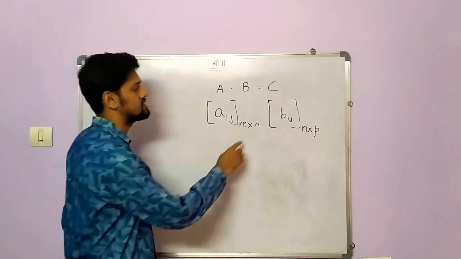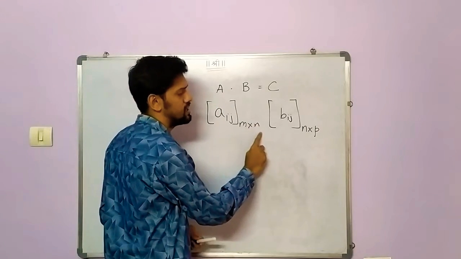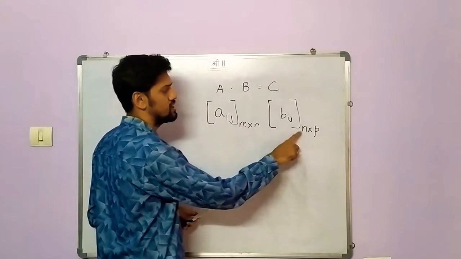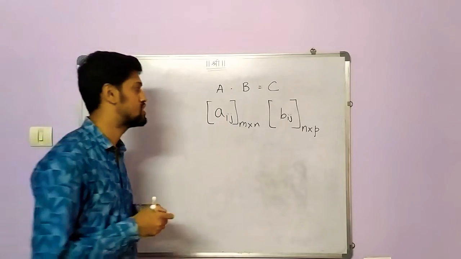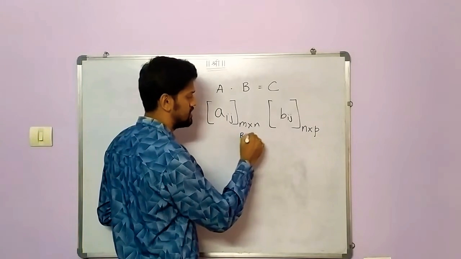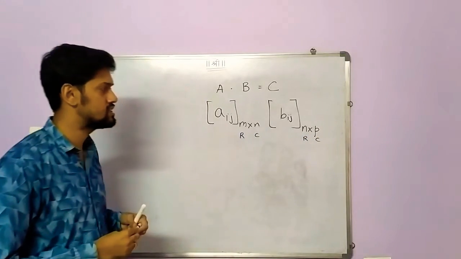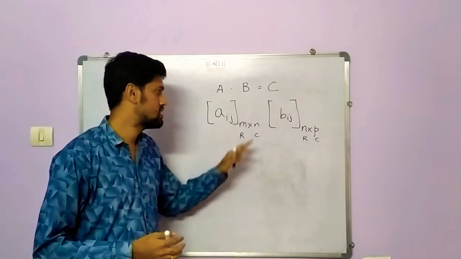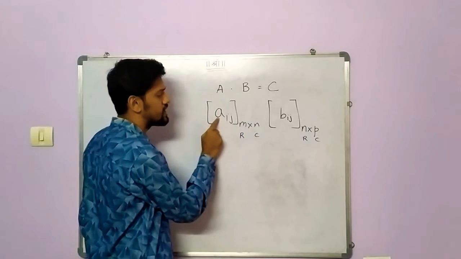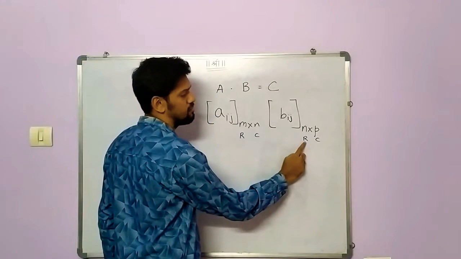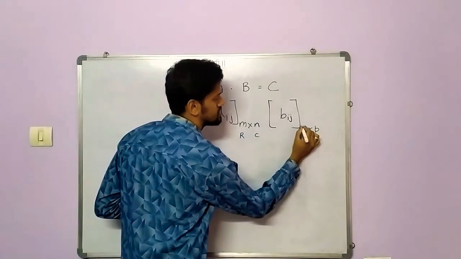What it means is the number of columns in matrix A has to be equal to number of rows in matrix B. From the previous lecture you must be remembering that this is standing for RC. That is, m is the number of rows, n is the number of columns. So the number of columns in matrix A should be equal to number of rows in matrix B. Please observe this.